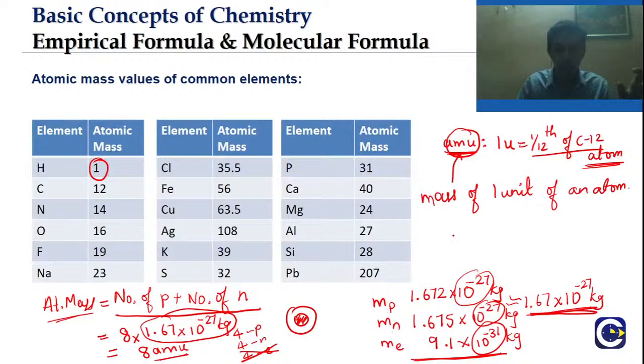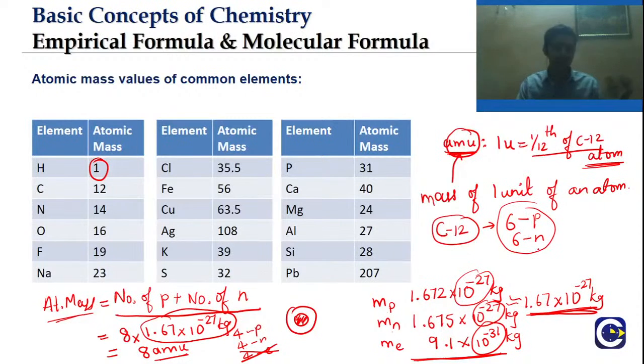Now can you tell me, when I tell C12 atom, what does that mean? It means 6 protons are there, 6 neutrons are there. Atomic number of carbon is 6, so 6 protons should be there. The remaining out of 12 will be neutrons, which is 6.